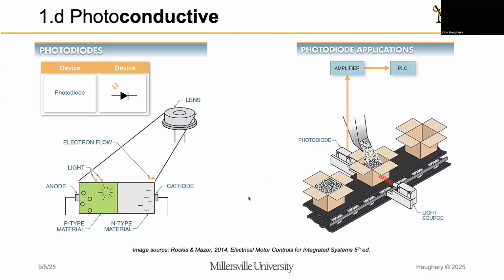Another photoconductor would use LEDs or a light emitting diode. And so we have a situation where, from a diode perspective of a positive anode and a negative cathode element combination, as light is applied to that element, it allows conductivity across the diode, and that then allows current flow.